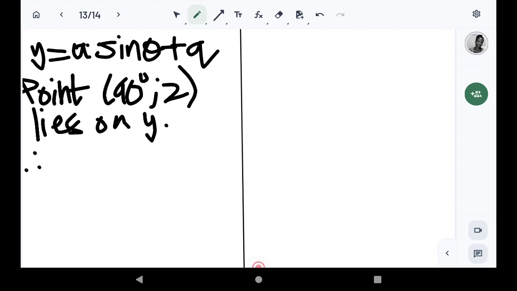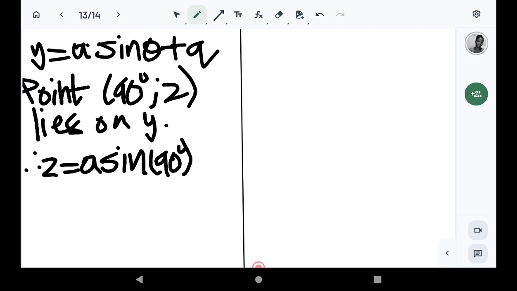Therefore, you substitute them. For y, you replace that with 2, then A sine of the angle, which is 90 degrees, plus q. Therefore, 2 equals A times sine of 90 degrees. Take out a calculator.